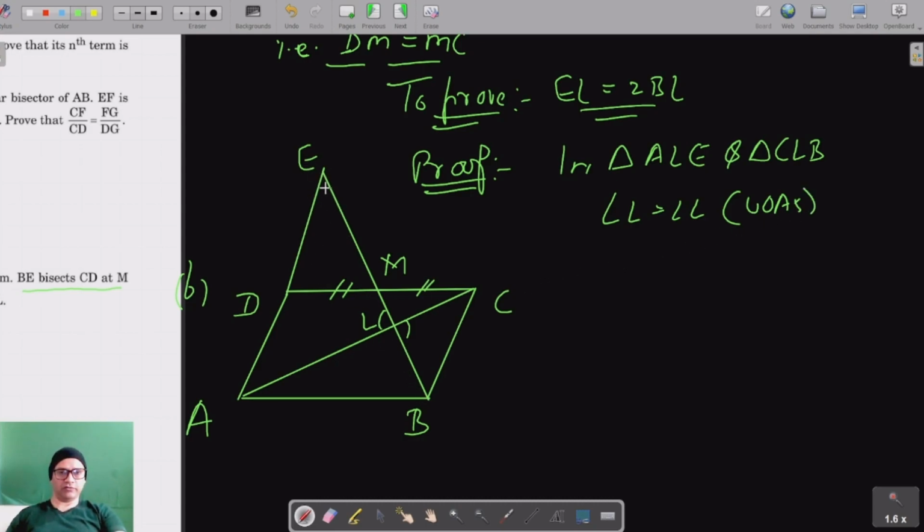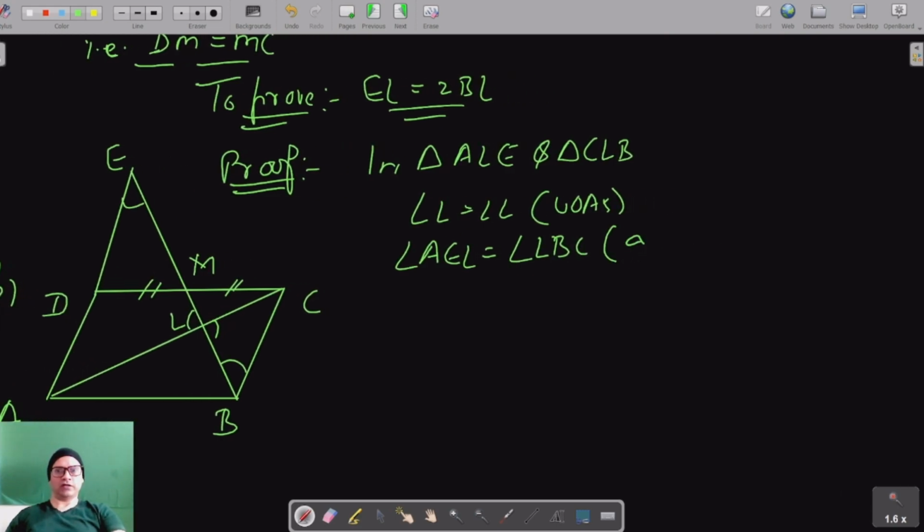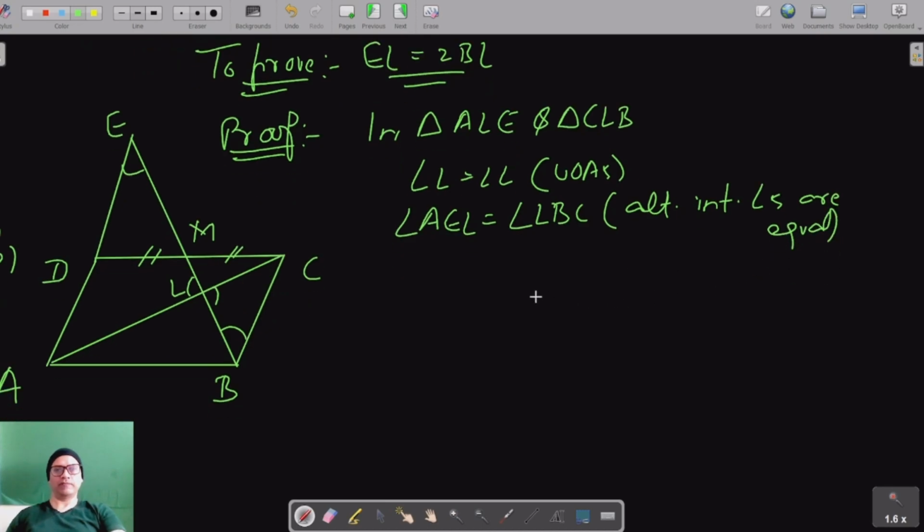Now this is a transversal for the sides AE and BC. So I can write angle AEL is equal to angle LBC. And these are alternate interior angles, are equal.